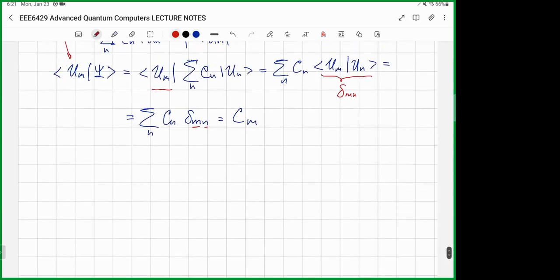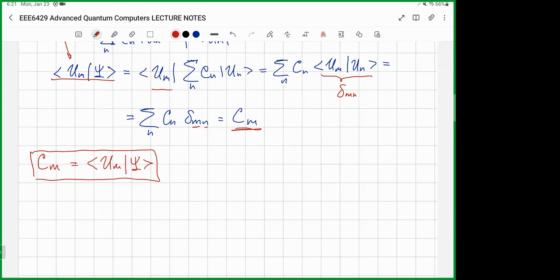So now comparing this and this, I conclude that cm is equal to um psi, as it's supposed to be, because this is just a projection of a vector psi on a vector um.